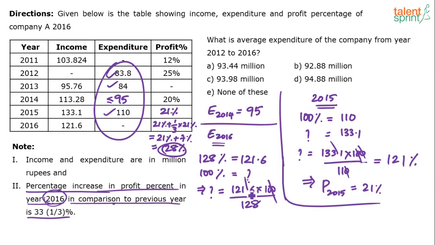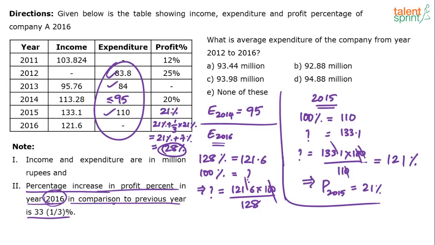So 1216 I'm taking as 640 plus 576. 640 is 5 times and 576 came out to be 4.5 times. 480 plus 32, 512, and then half of 128 is 64, 576. So 4.5 and 5, 9.5 times.